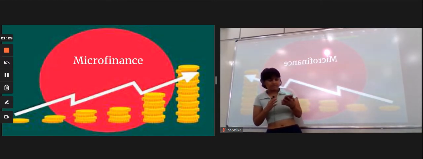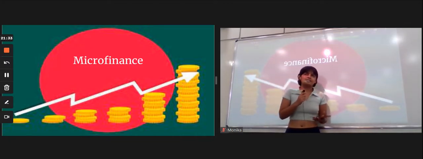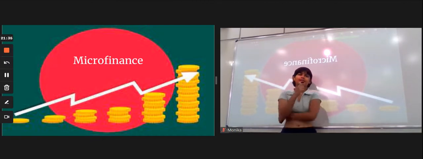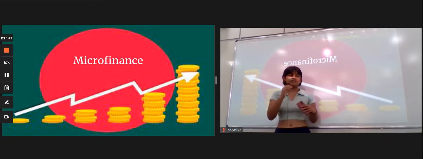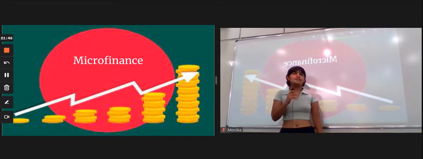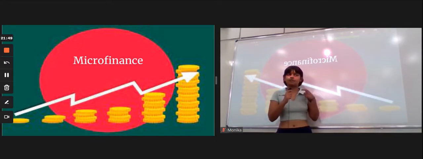But even though microfinance has helped a lot of people, there are still a lot of drawbacks to it. Since these people are at a higher risk because they might not necessarily have the capital to use as collateral, their loan interest rates are extremely high.